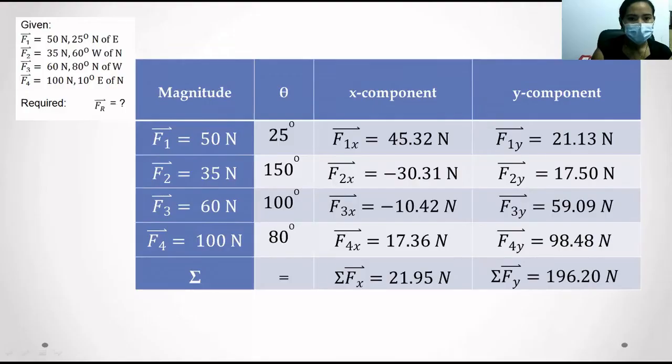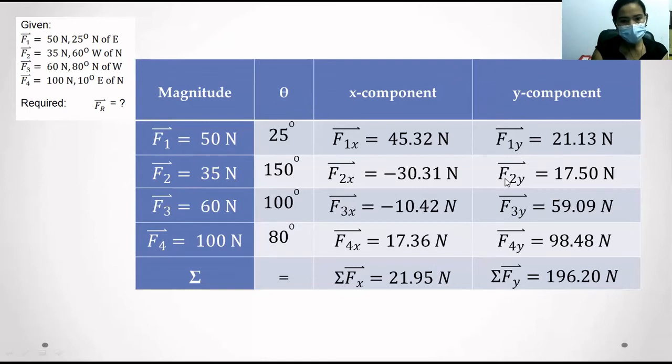21.95 newtons. Now for our y components, we do 50 newtons sine of 25 degrees. We get F sub 1y equals 21.13 newtons. Next, 35 newtons sine of 150 degrees.